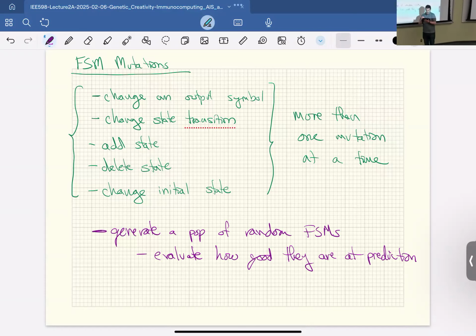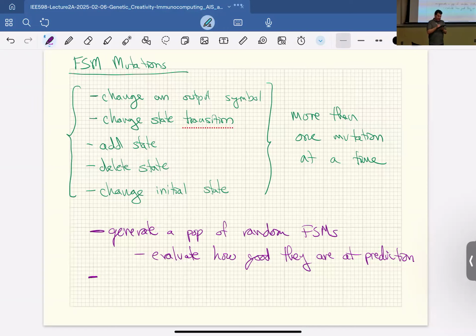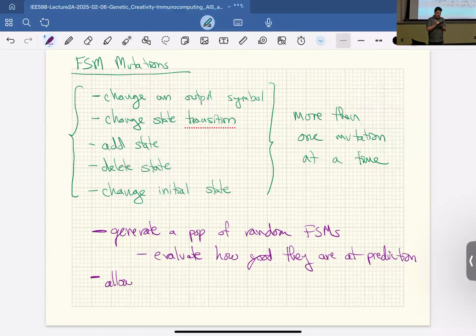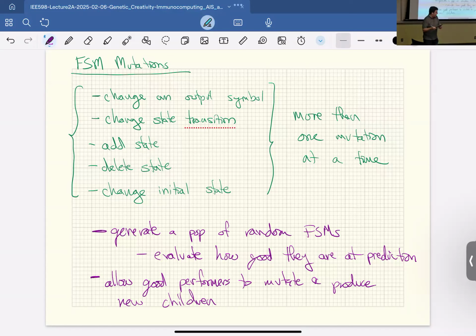And then you end up getting rid of the poor scoring ones and allow good performers to mutate and produce new children. That gives you the ability to evolve programs effectively.